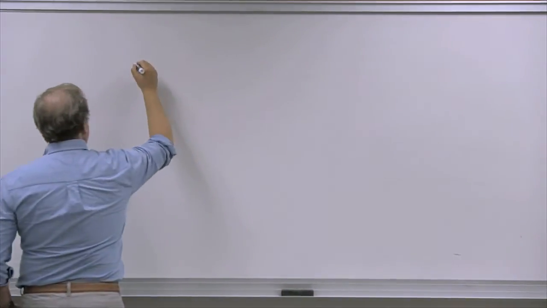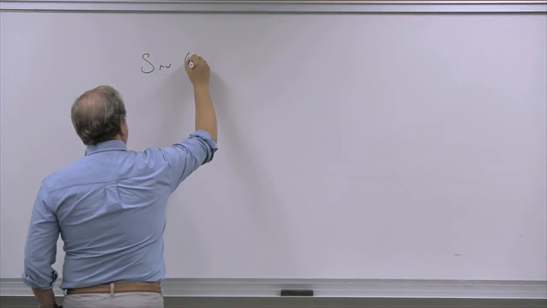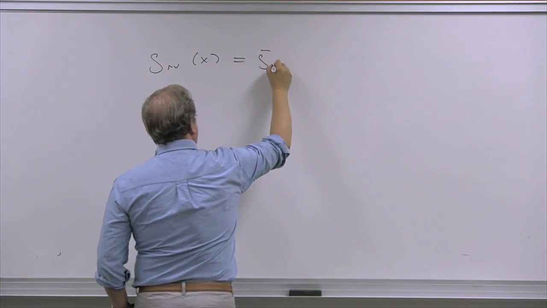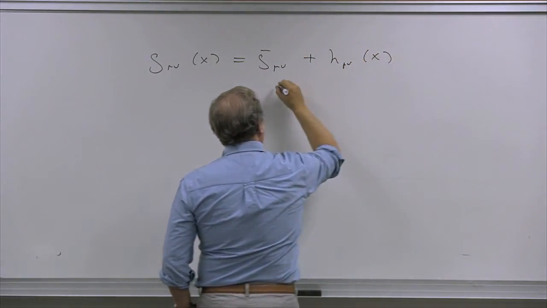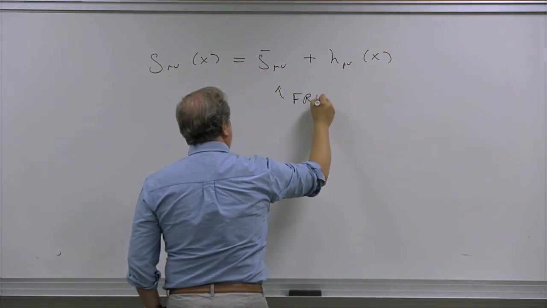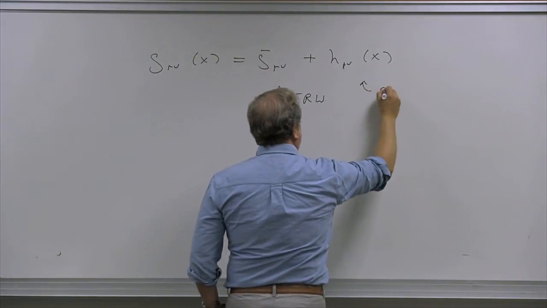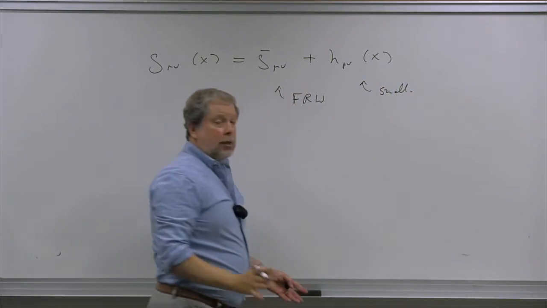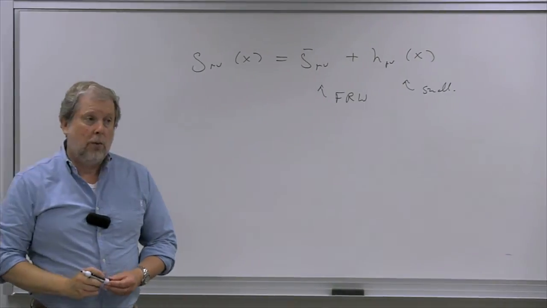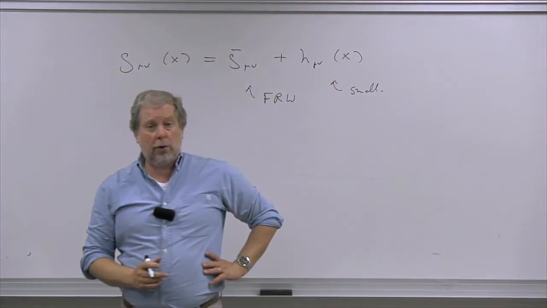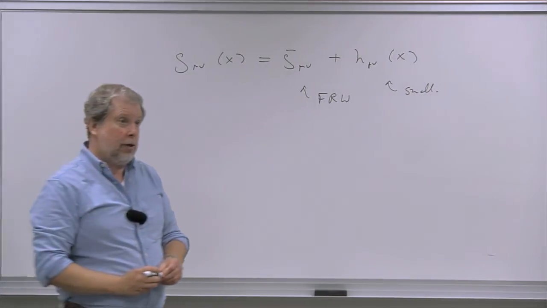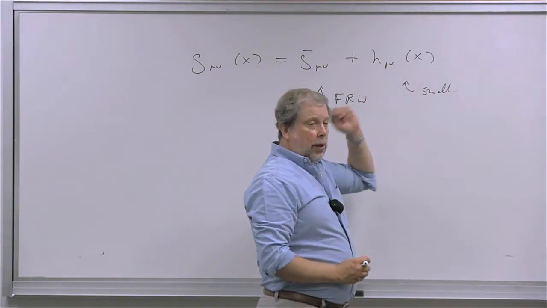So you have to say that g mu nu of x is equal to some g bar mu nu plus an h mu nu of x, where this is the Friedmann-Robertson-Walker background, and this correction is small, right? And in principle, GR gives you what this correction looks like.